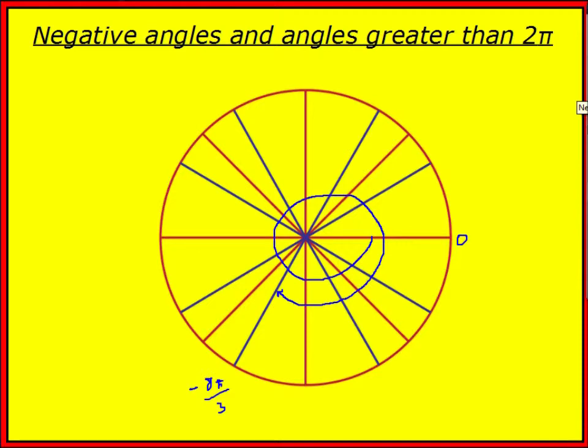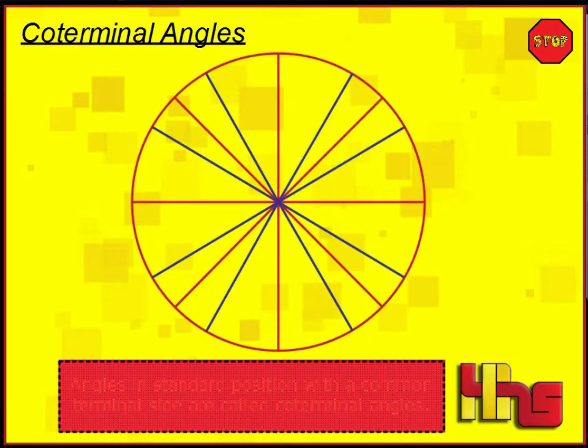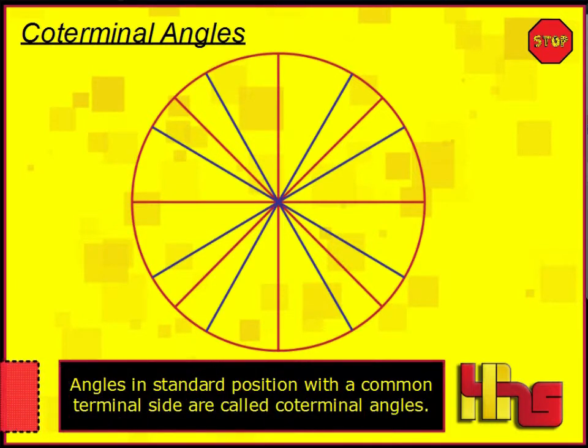Last thing we want to talk about real quickly is coterminal angles. So we've got a definition here. The definition of coterminal angles: angles in standard position, so we know that means they start right here, with a common terminal side are called coterminal angles. I'll give you an example. Pi over 6 is an angle, but suppose I start at 0 and go in the opposite direction and end up at the same place.